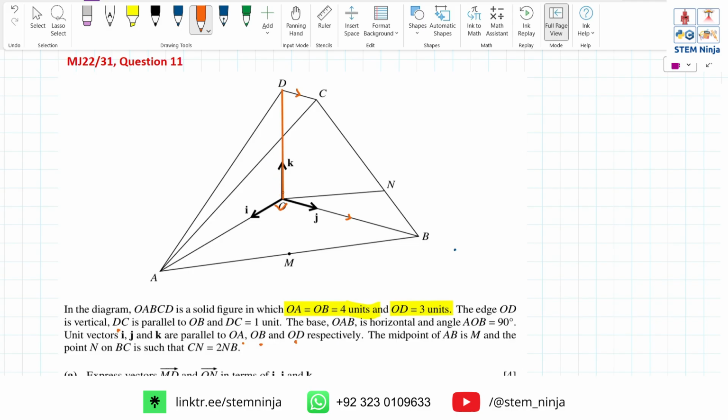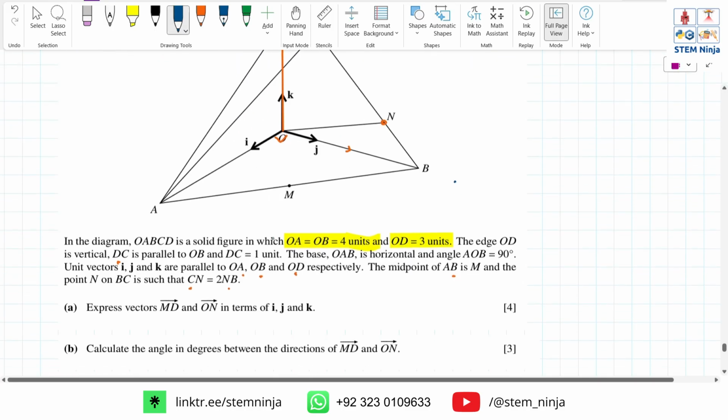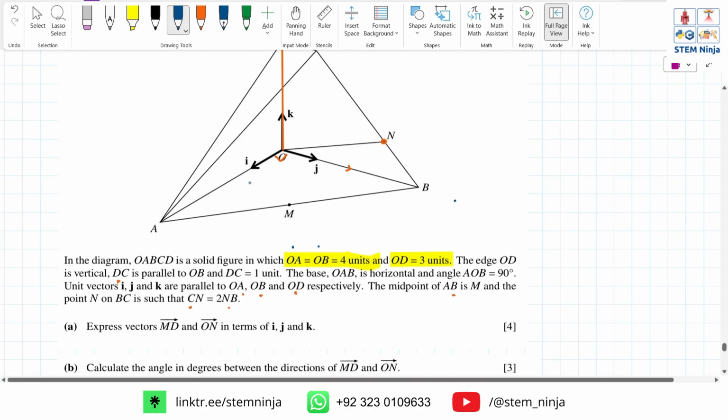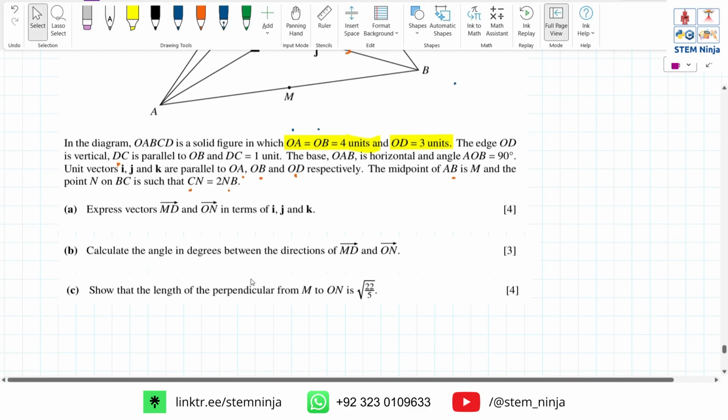The midpoint of AB is M and the point N on BC is such that CN is equal to 2NB. Okay, so one by one we need to decode this information that is given to us. So first off, OA and OB are in I and J directions respectively.